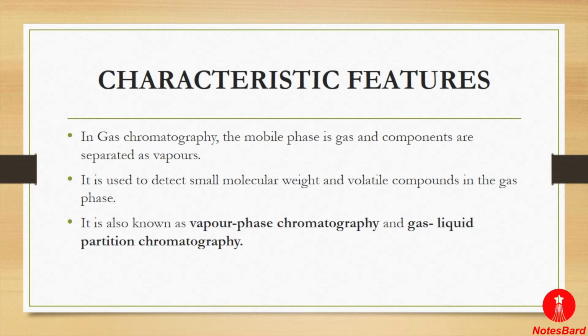The stationary phase and the mobile phase are the basis for all chromatographic methods, and in the case of gas chromatography the mobile phase is in gaseous form and all the components are separated as vapors. That's why this method is only used for components of smaller molecular weight which are volatile and do not decompose in the process of vaporization.